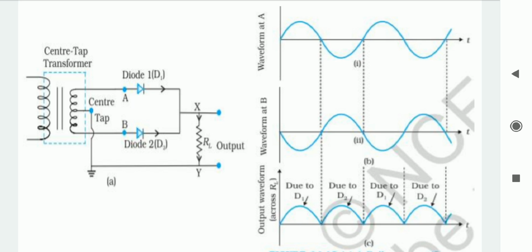The transformer is connected with the bridge structure of the diodes, and 2 diodes at a time will be on in forward biasing and conduct the current, which will generate a more efficient output.